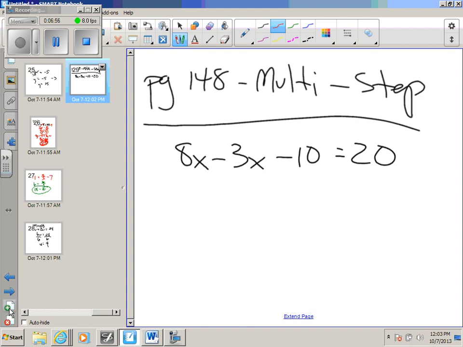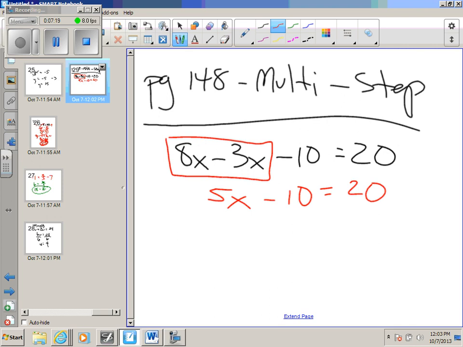8x and 3x makes it a like term, so that would be 5x. 5x minus 10 equals... 1 again instead of subtracting. Good. Let's slow down for a second. The 8x minus a 3x. Positive 8x, negative 3x. Absolutely right is a 5x. Transfer down everything else. Now what does this look like? Two-step equation.